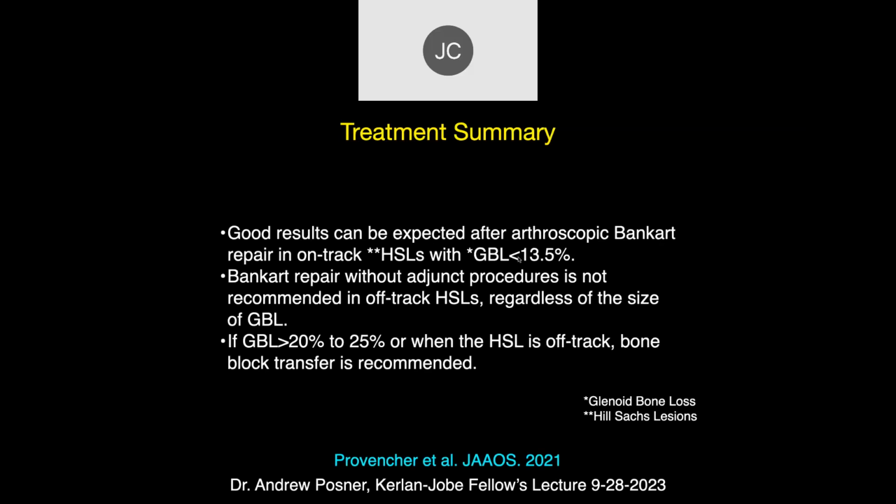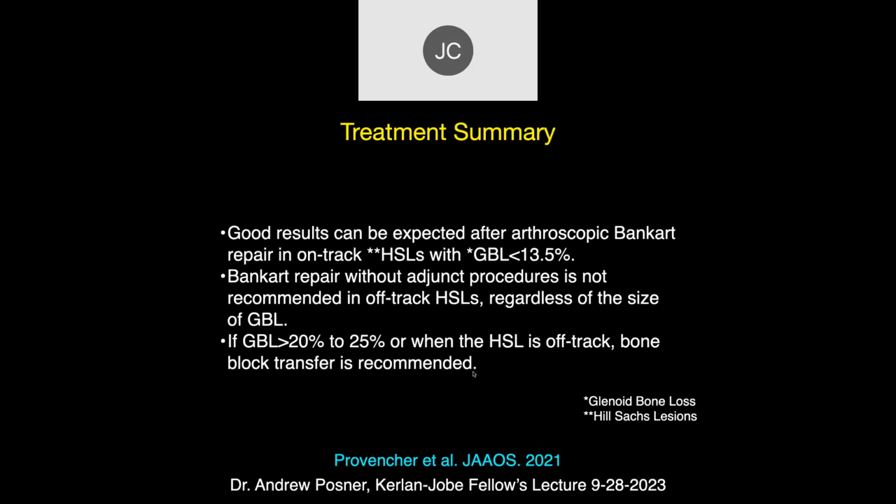And then if you have an off-track lesion, then just a soft tissue Bankart repair, which is a repair of the anterior labrum, is not going to be sufficient. So if you have an off-track lesion, you have to do a more extensive procedure than just doing a labral repair. And then if the glenoid bone loss is greater than 20 to 25% in everyone, or if you have an off-track lesion, then a bone transfer is recommended.